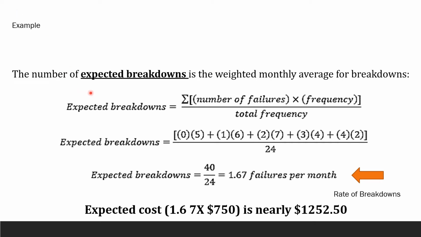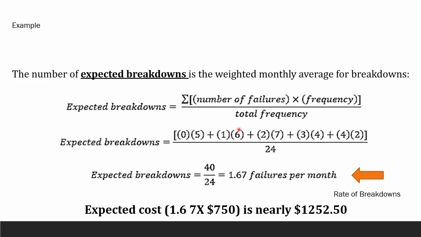So let's calculate the expected breakdowns, using this equation. First, you get the sum of the product of the number of failures and frequency, divided by the total frequency. That's the number of expected breakdowns, the weighted monthly average breakdown. We're going to use the table data. So 0 failures in 5 months. After 6 months, from this point, I have 1.